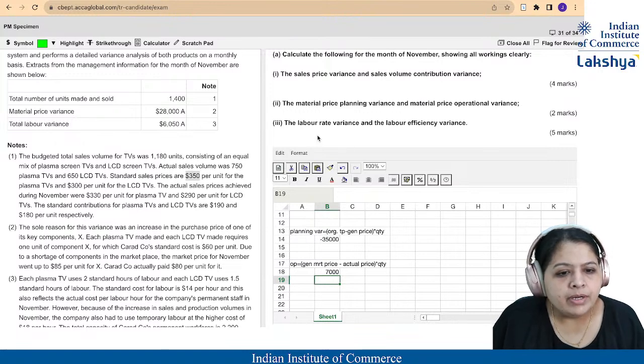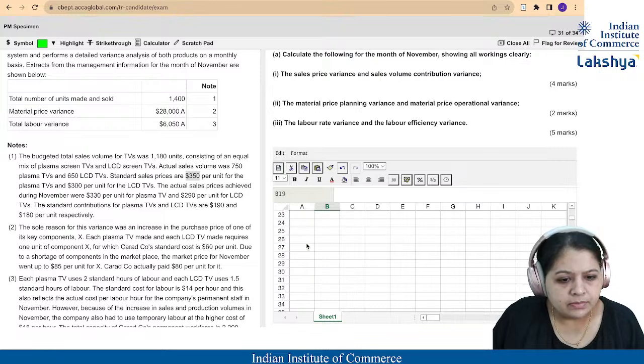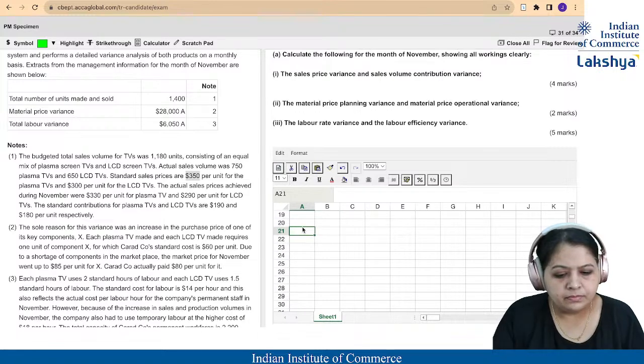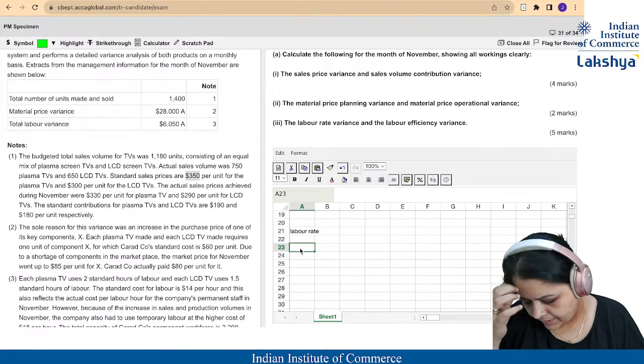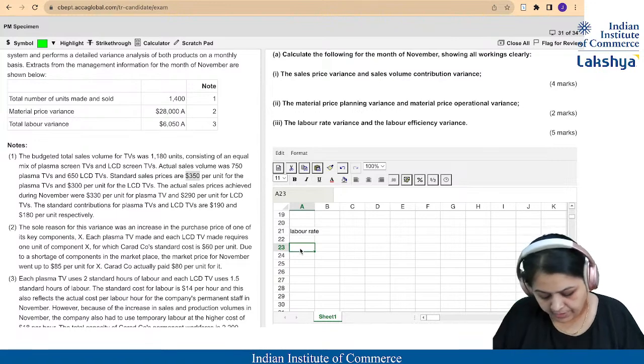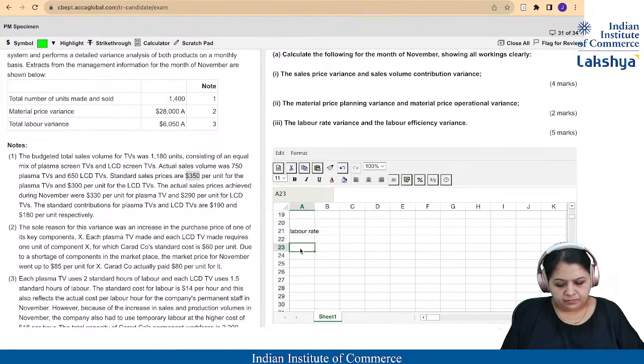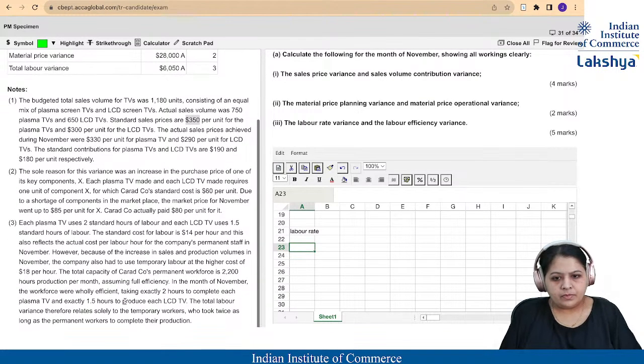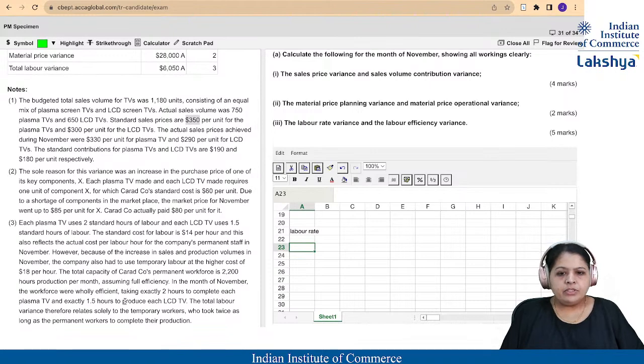Next one, labor rate and labor efficiency, right? Now, when we talk about the labor rate, each plasma TV uses 2 standard hours and each LCD TV uses 1.5 standard hours of labor.